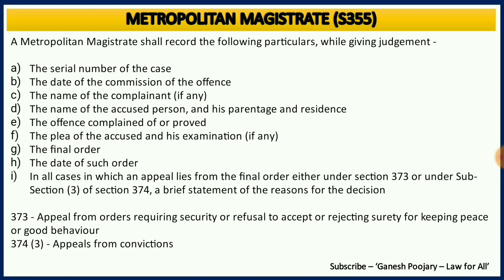What is 373? Appeal from orders requiring security and refusal to accept or rejecting surety for keeping peace or good behavior, and 374 subclause 3 discusses appeals from convictions and other details.